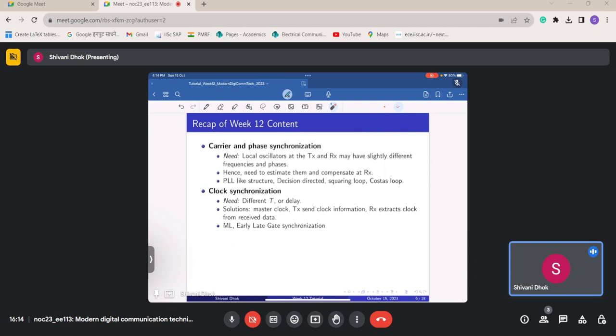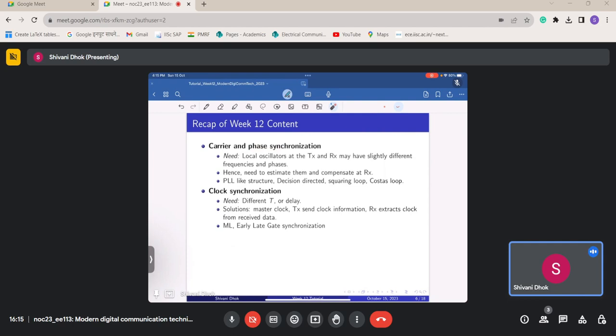Also, there might be some phase difference between the carrier being generated at your receiver and that generated at your transmitter. And if we have such a situation, then it will be difficult to demodulate, because you'll have some error terms coming up due to such an unsynchronized carrier. And that's why we need to do carrier synchronization and phase synchronization.